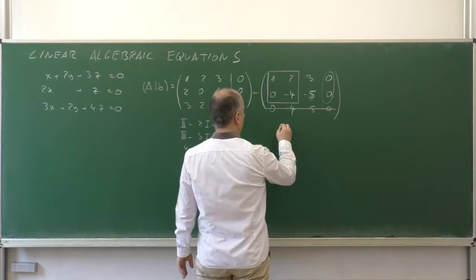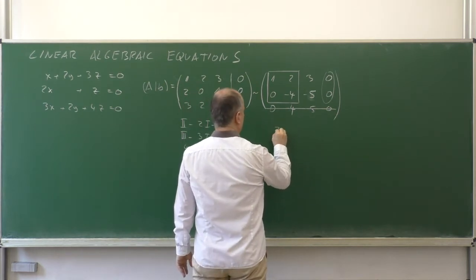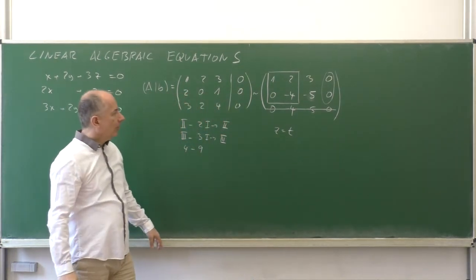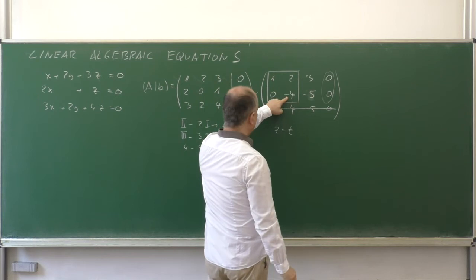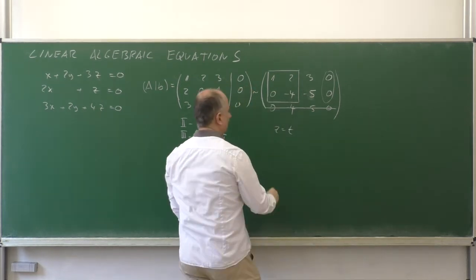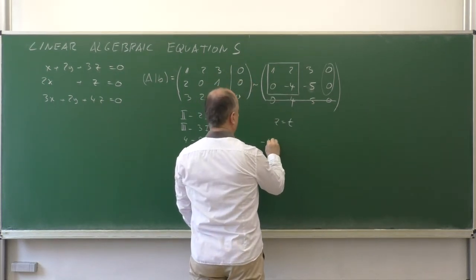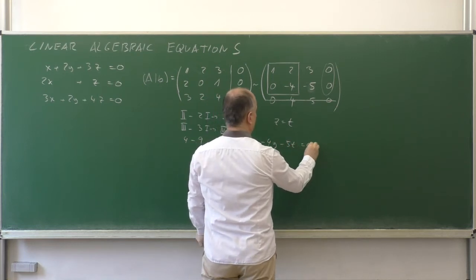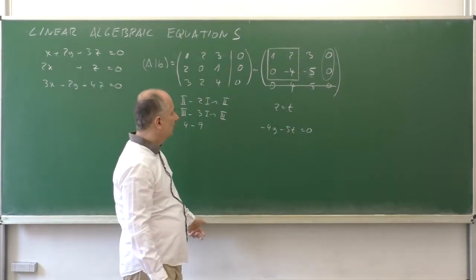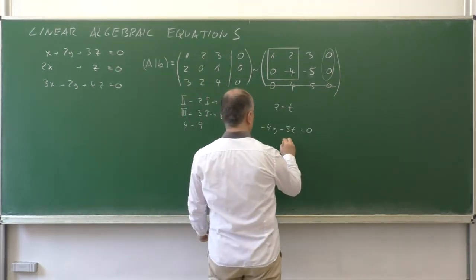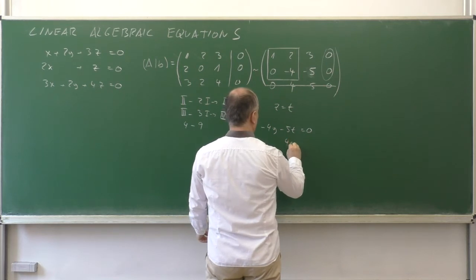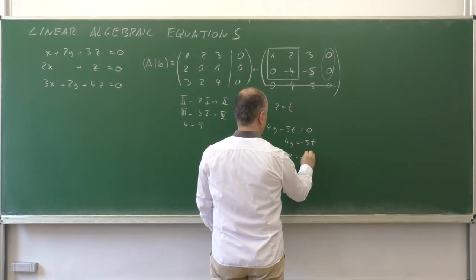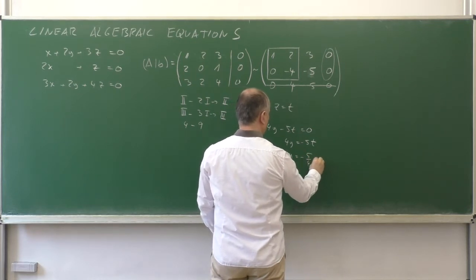So we can choose, say, z is t, and then the second row becomes minus 4y minus 5z, but z is t, is 0. So 4y is minus 5t, so y is minus 5 over 4 t.